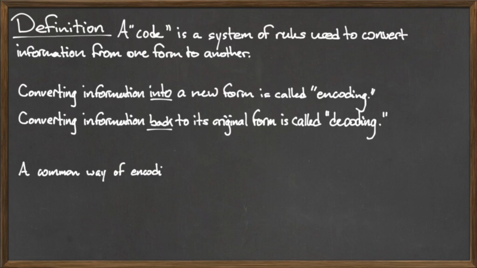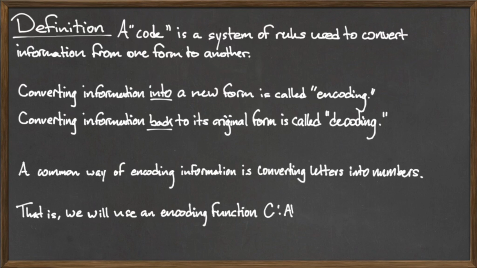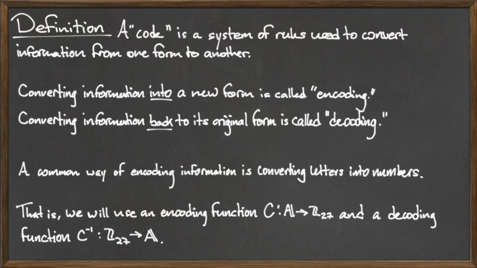To convert characters into numbers, we will use the encoding function C, which is a function from the set Blackboard A to the set Z mod 27. And to convert these numbers back into their original characters, we will use the decoding function C inverse, which is a function from Z mod 27 to the set capital Blackboard A.